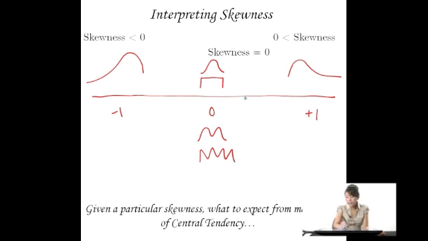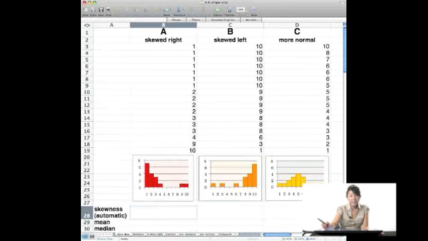So now let's talk a little bit about how to look at skewness in SPSS. Go ahead and download the example Excel file. If you look on the first sheet, it should say skew data. I've shown you 3 different little data sets.